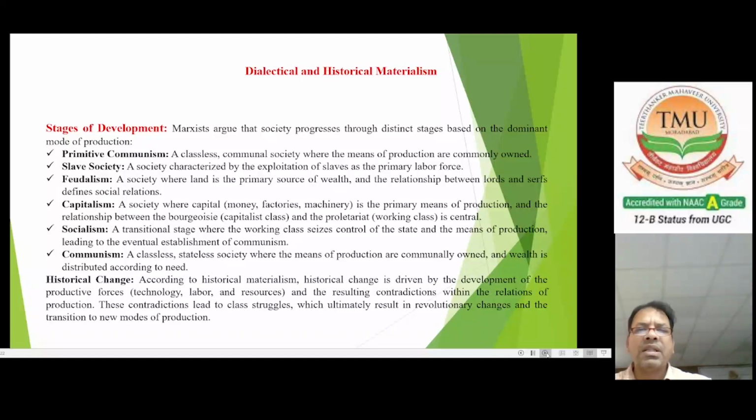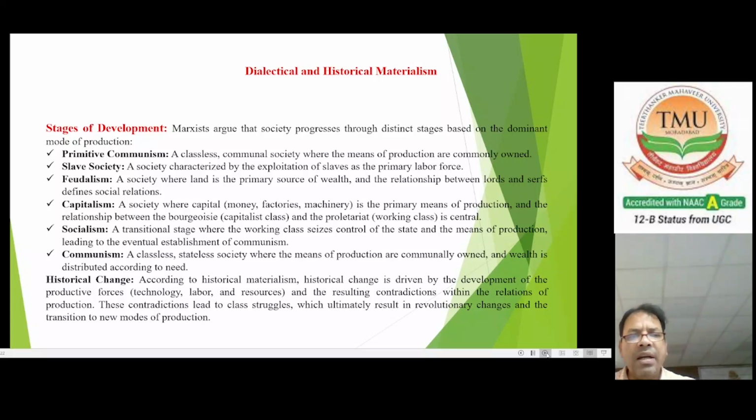Now we come to the stages of development. Marxists argue that society progresses through distinct stages based on the dominant mode of production. Primitive communism: a classless communal society where the means of production are commonly owned. Slave society: a society characterized by the exploitation of slaves as the primary labor force.